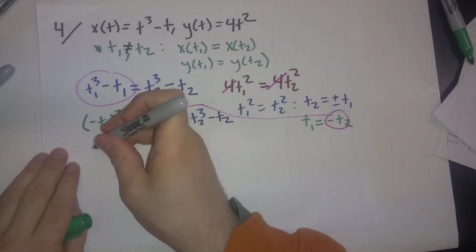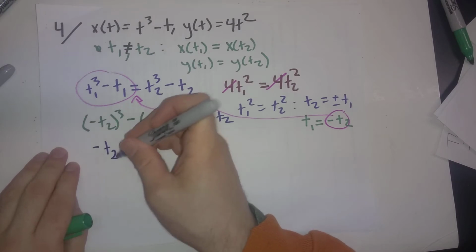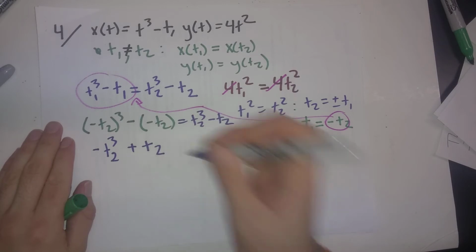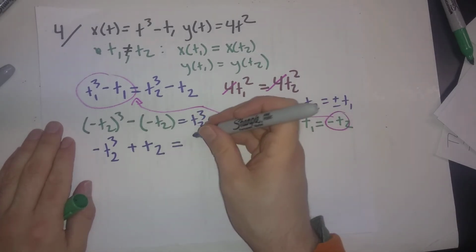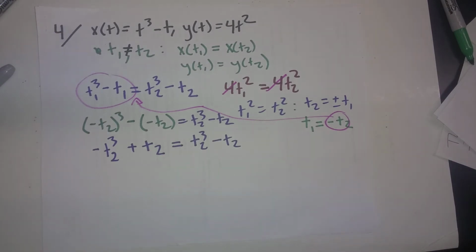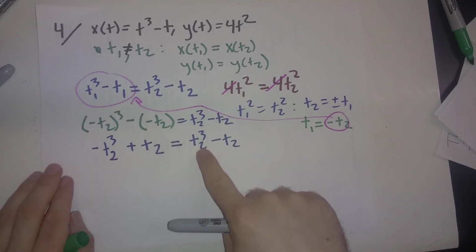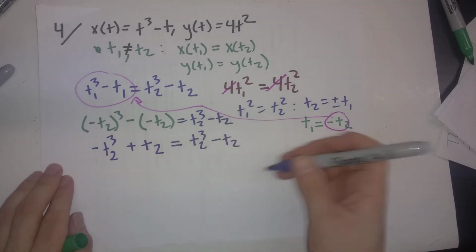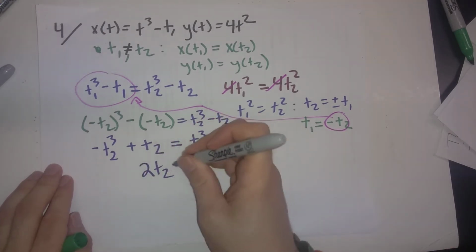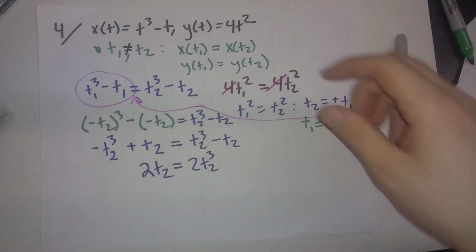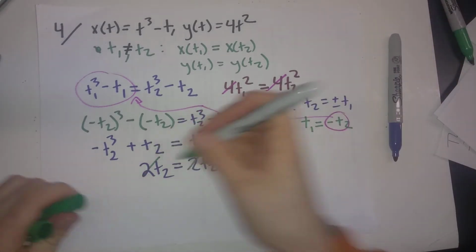This is minus t2 cubed, and that's a plus t2. So that's equal to t2 cubed minus t2. If we add t2 cubed to both sides and add t2 to both sides, we end up with 2t2 is equal to 2t2 cubed. And cancel.